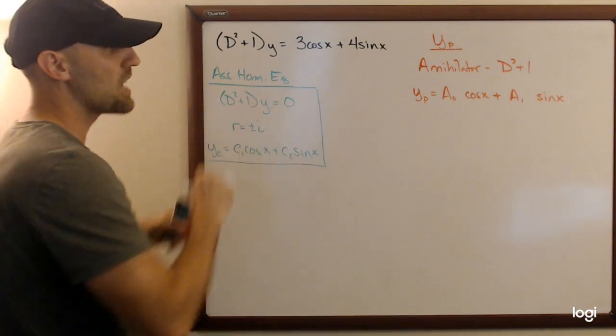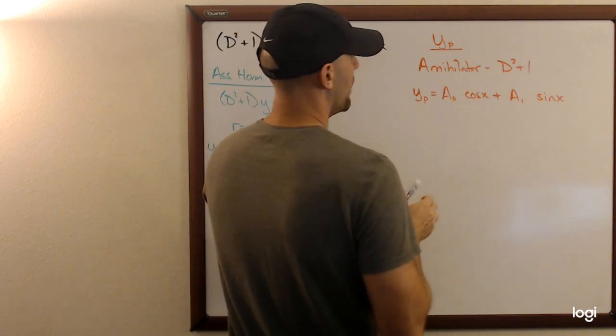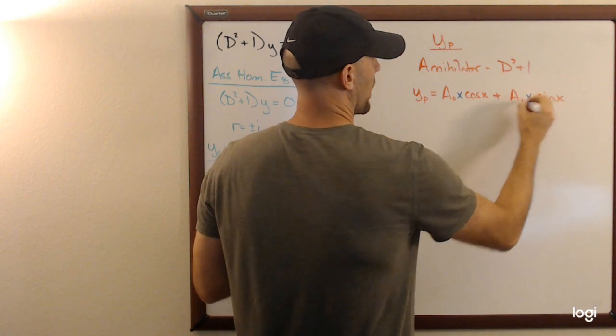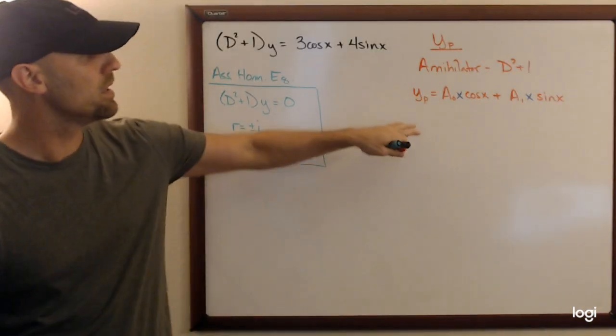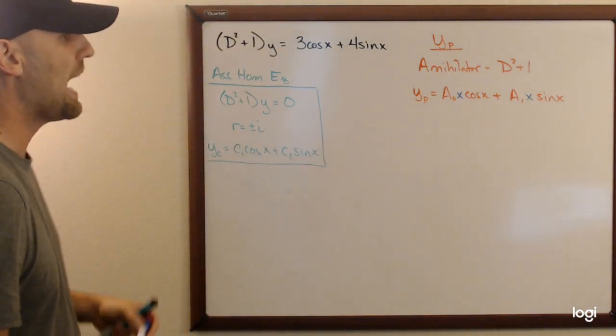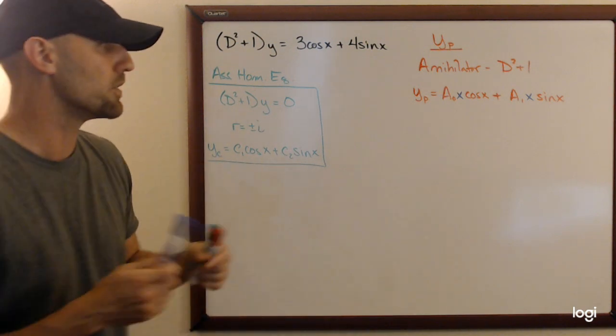This is the second time I've gotten this, and so what I have to add in here, this is my particular solution. Okay? Remember, multiplicity larger than 1, this is what we have to do, right? So my particular solution here is going to be a naught x cosine x and a1 x sine x.